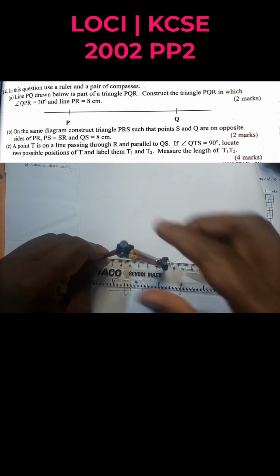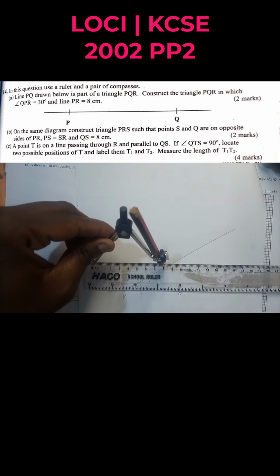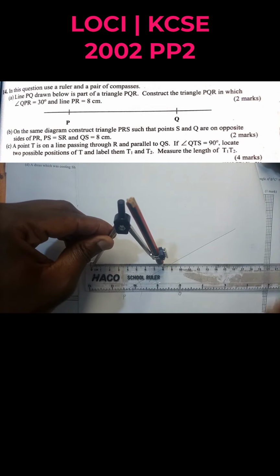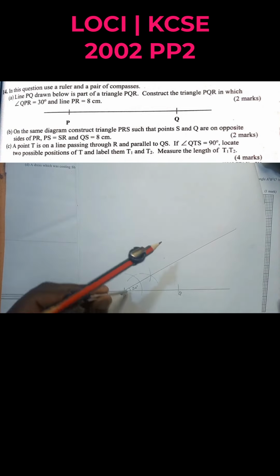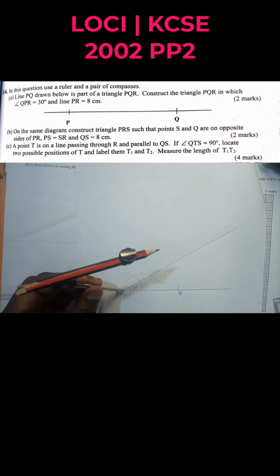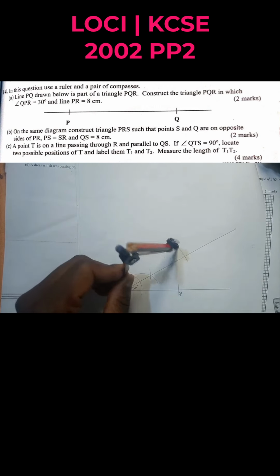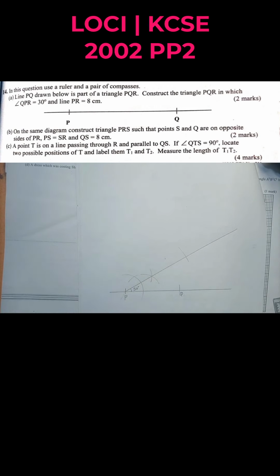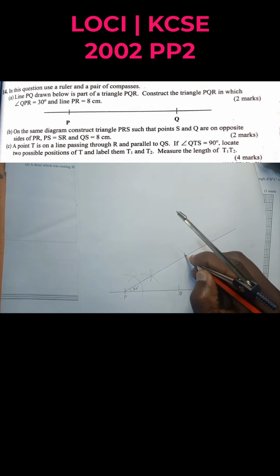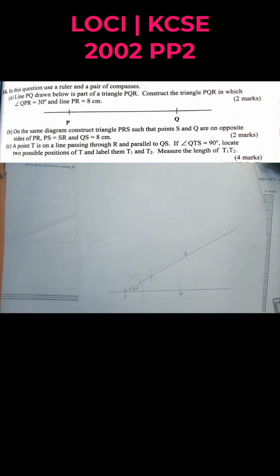That is 8 centimeters. Then stand at P and mark an arc there. So this is where we shall have R, that point.